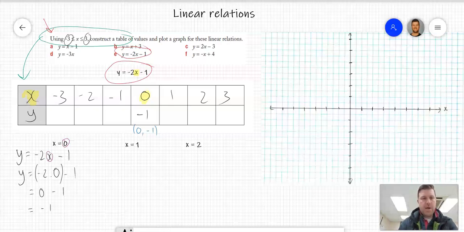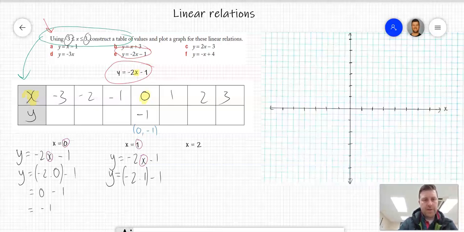Now let's go ahead and substitute 1 into the equation for x. So y = -2x - 1 becomes y = -2 × 1 - 1.